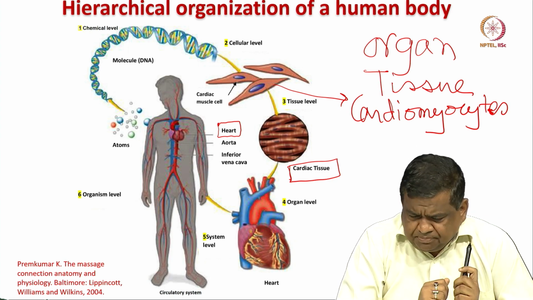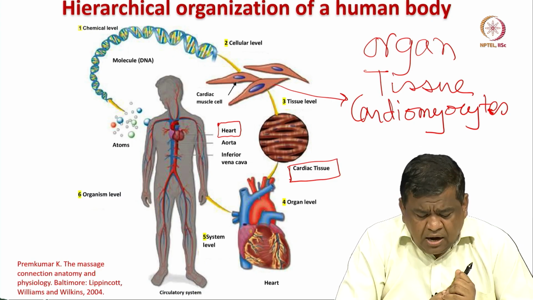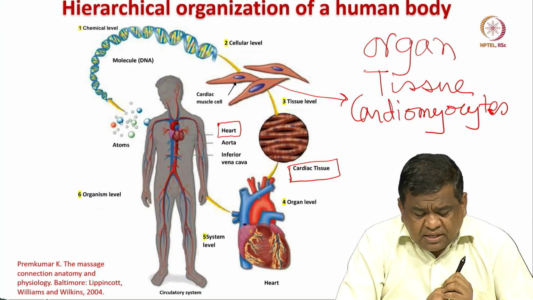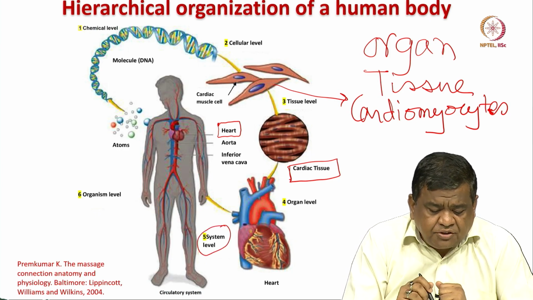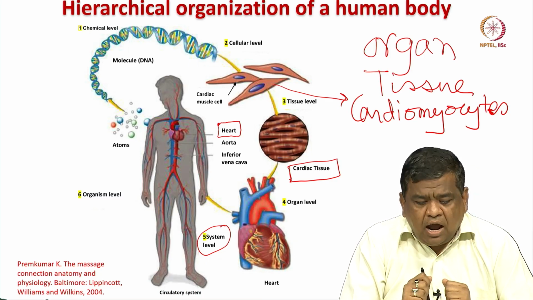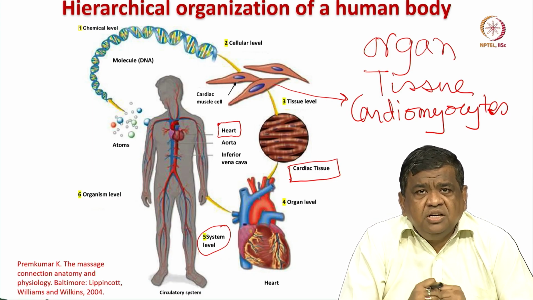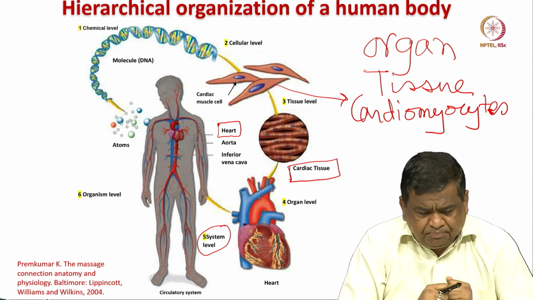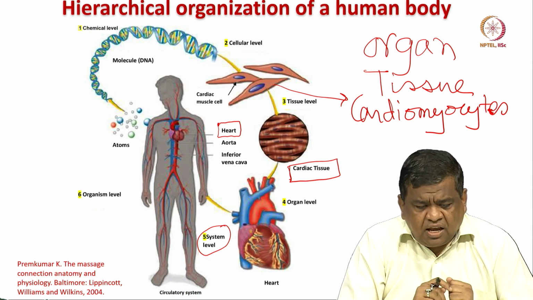Now, besides cardiomyocytes, they also have smooth muscle cells in the heart. So, this is essentially what you see at the system level. As I said, at the system level, the heart pumps the blood to different parts of the body. So, there are veins and aorta, and as you know, when somebody takes blood from you for blood testing, they take it from the vein. And then you have the cardiomyocyte cells that I have mentioned.